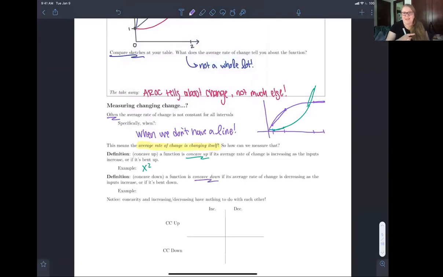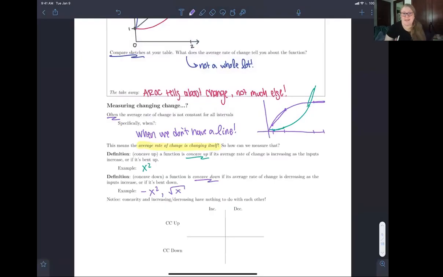You'll also see I say bent up and bent down. That will make a little more sense when I draw this little chart down here. So we'll get there. So maybe like negative x squared. Or that purple one kind of looks like a square root function. Possibly.